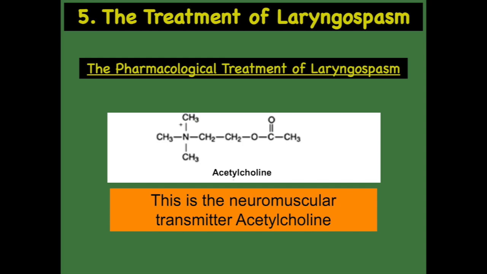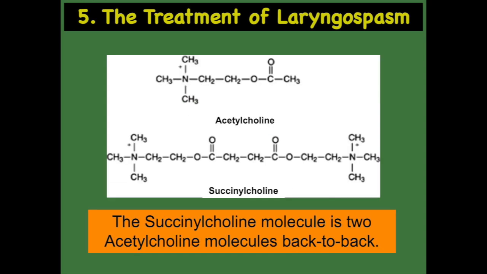The effect of the parasympathetic nervous system is to kind of aid digestion, salivation, help you relax. It really slows the body down. But what we did with acetylcholine, the chemists, they created succinylcholine. If you look at the molecules, you can see it's two acetylcholine molecules back to back.